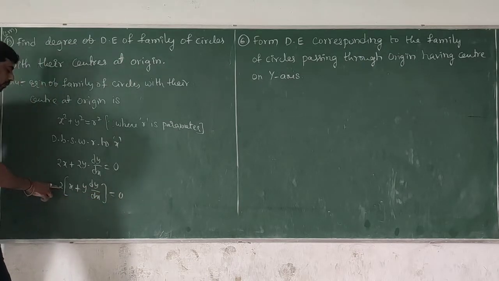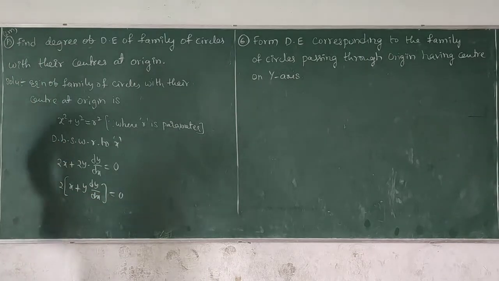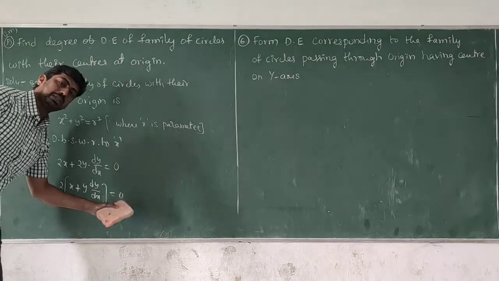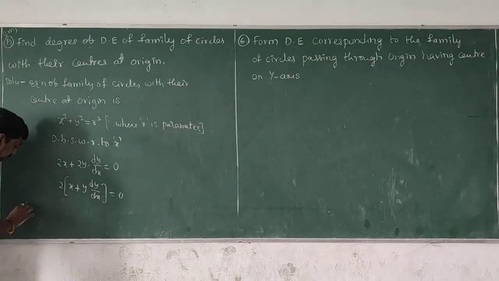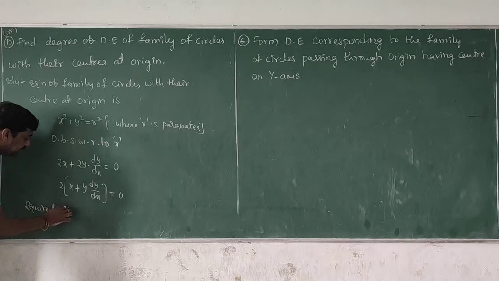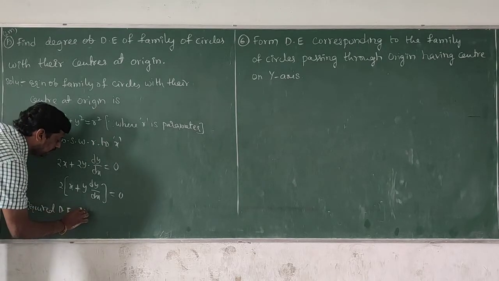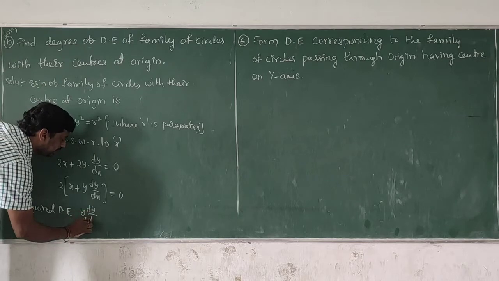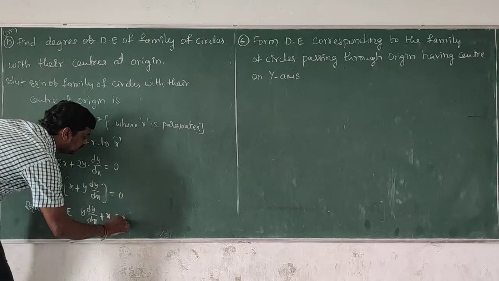Taking 2 to the opposite side, 0 by 2, 0 by something equals 0. That means the required differential equation is y into dy by dx plus x equal to 0.